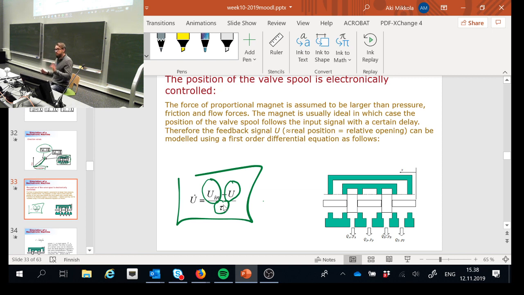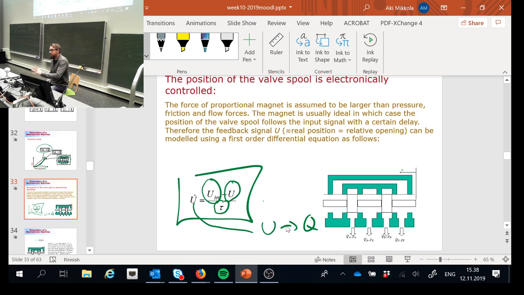Those are the three components that I need, and once I have those, then I can introduce this time delay equation, which is the first order differential equation. These two, by the way, have to be solved such that you can solve the u from this equation, and that's the one you can then use to define how much flow is traveling through your directional valve from one channel to another. Okay?